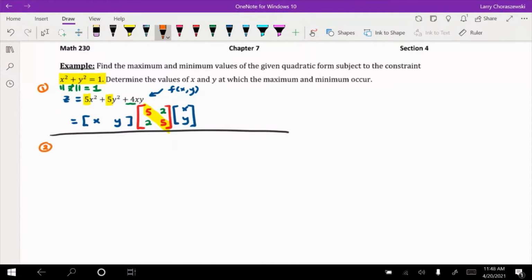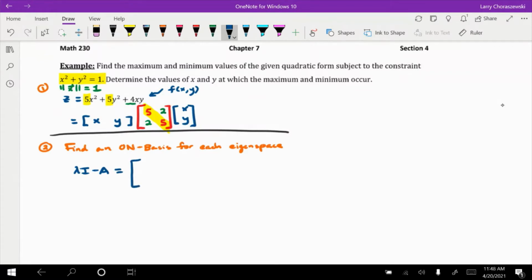Step 2 is going to be to find an ON basis for each eigenspace. That means we're going to have to find the eigenvalues of this matrix A, which I'll provide to you, and then we'll work on the basis.